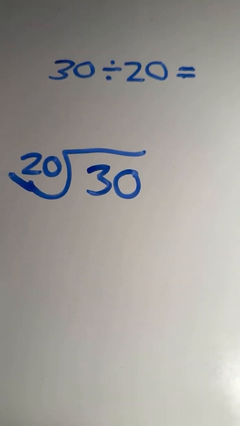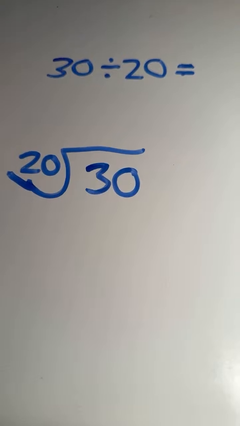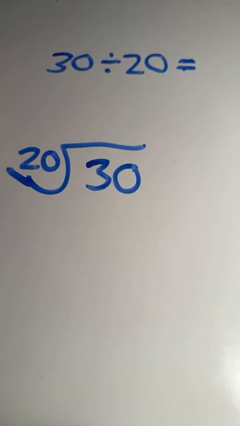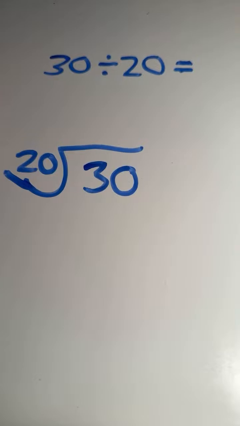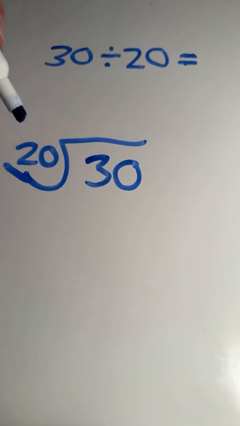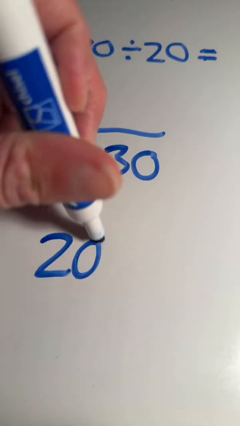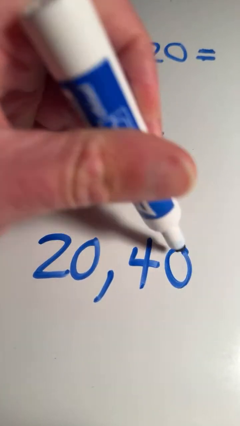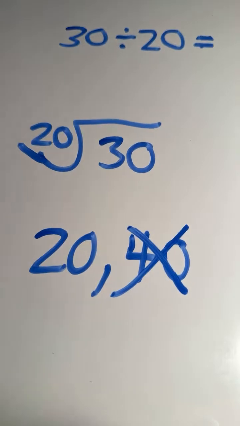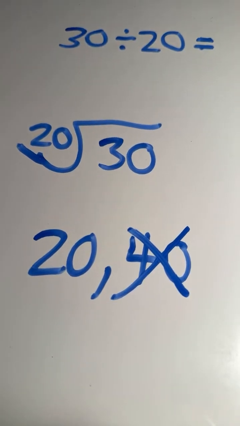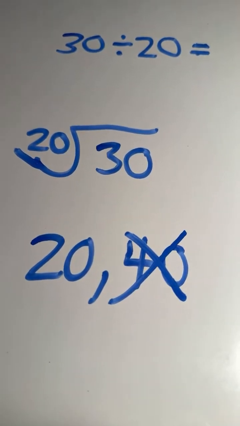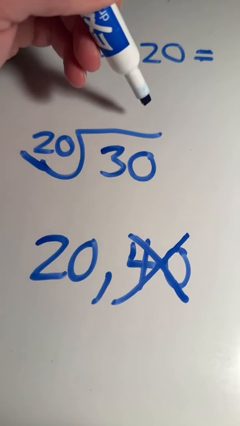So we have to figure out how many groups of 20 we can get within 30. So I'm going to count by 20s and see how many full groups of 20 I can get within 30. 20, that's one group. 40, oh, I'm already too far. I'm already past 30. So I was only able to get one group of 20 within the number 30.